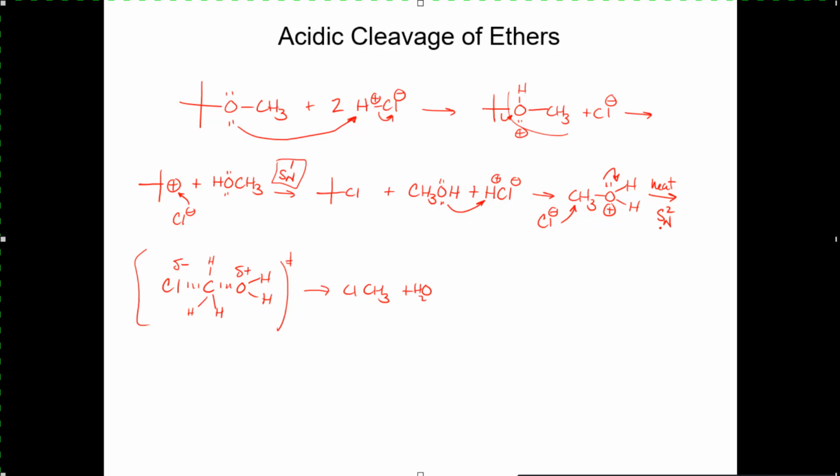So this is an ether cleavage reaction, and it requires, again, 2 equivalents of HCl to convert both of the alkyl groups into alkyl chloride. So in this case, we get tert-butyl chloride, methyl chloride, and water as our final products of this reaction.